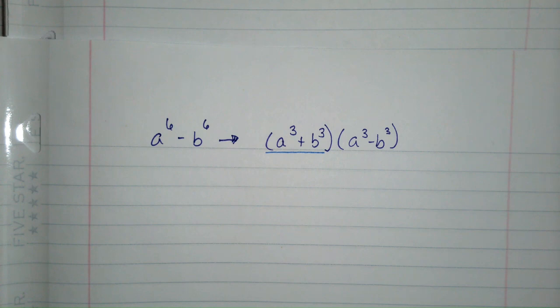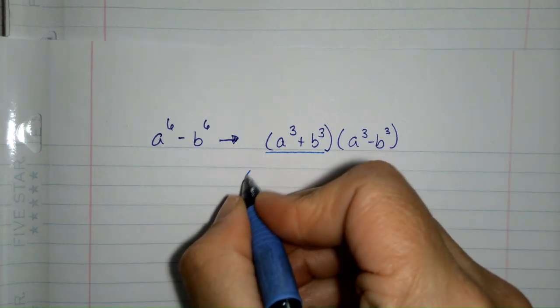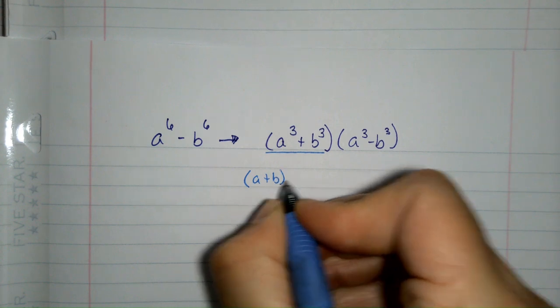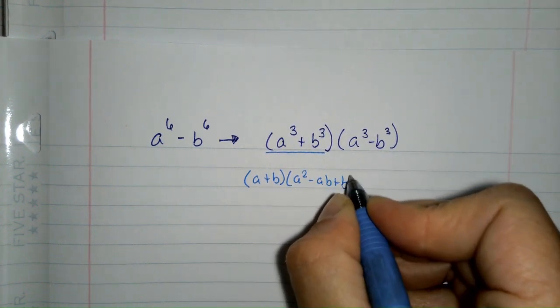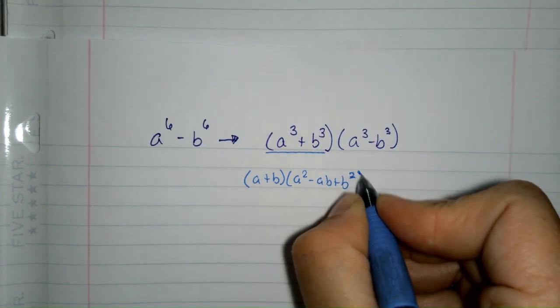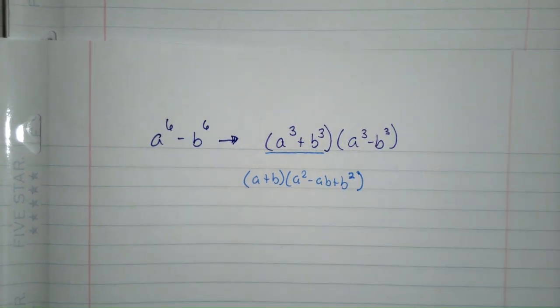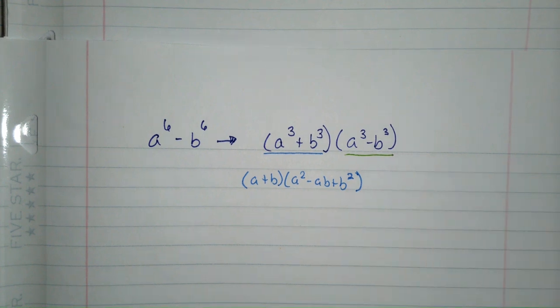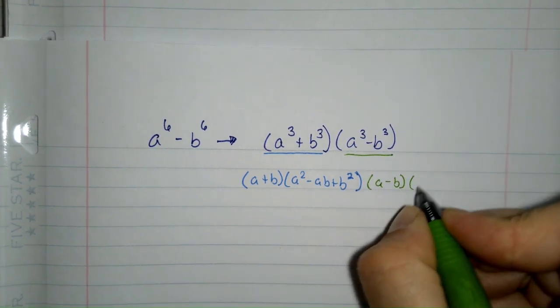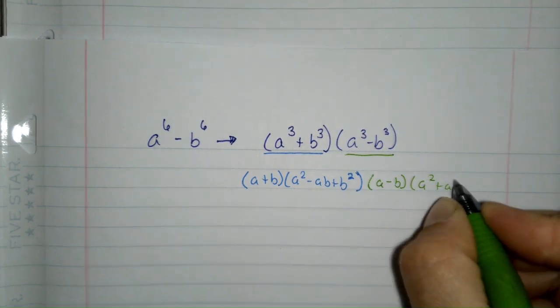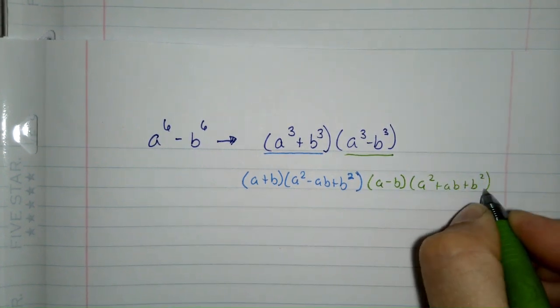If you need to, pause it and look back at where you wrote that down. A plus b, a squared minus ab plus b squared. And then this is the same rule, just a minus, so it would be a minus b, a squared plus ab plus b squared.